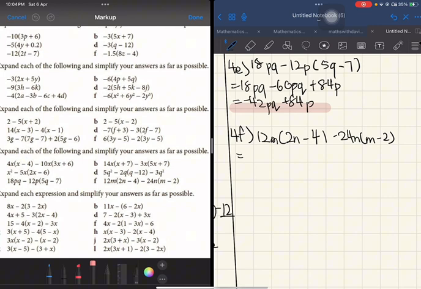Positive 12m times 2n, we're going to get 24mn, and 12m times negative 4, you're going to get negative 48m. Negative 24m times n, you're going to get negative 24mn, and then here is 48m. So these are together. Yeah, only these are together, so it's going to be like this.